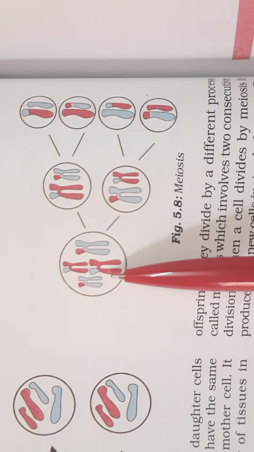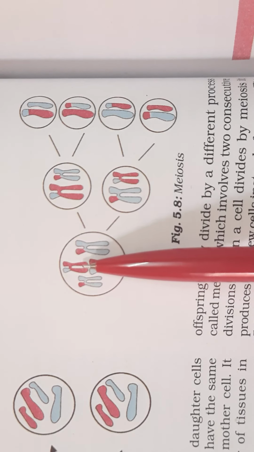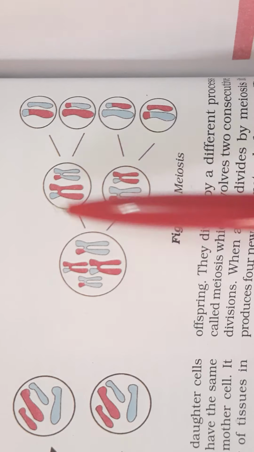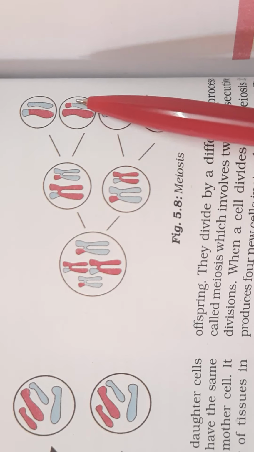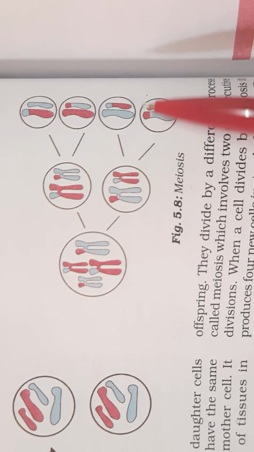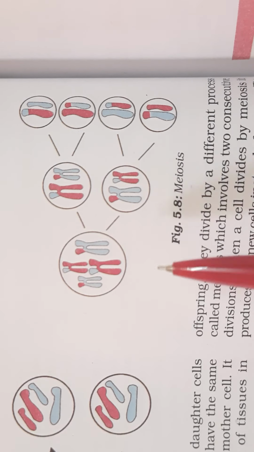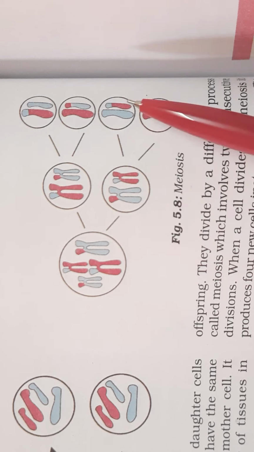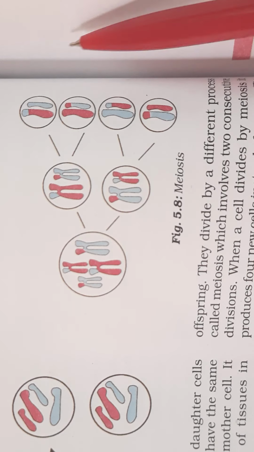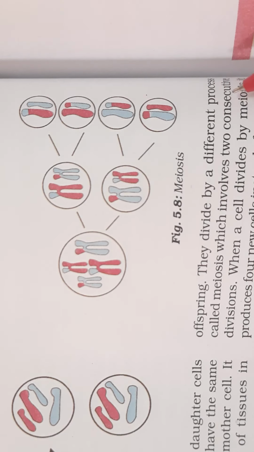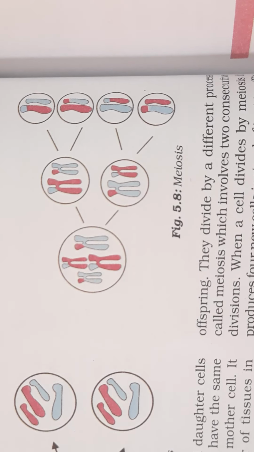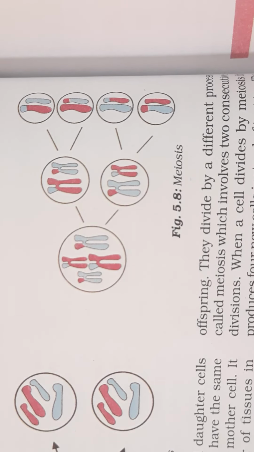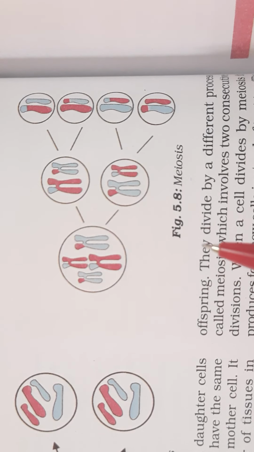Here you can see it has been divided into half. See, 1, 2, then the next 1 and 2, then the next 1 and 2, and this 2. So after division, the daughter cell will have just half the number of chromosomes of the mother cell. Clear, children? So this is the difference between mitosis and meiosis.